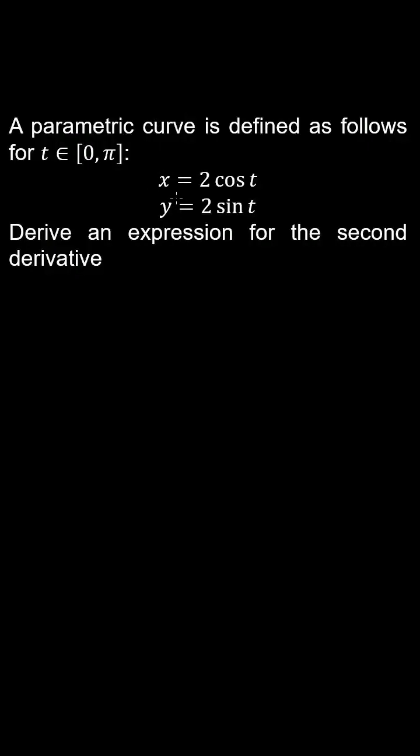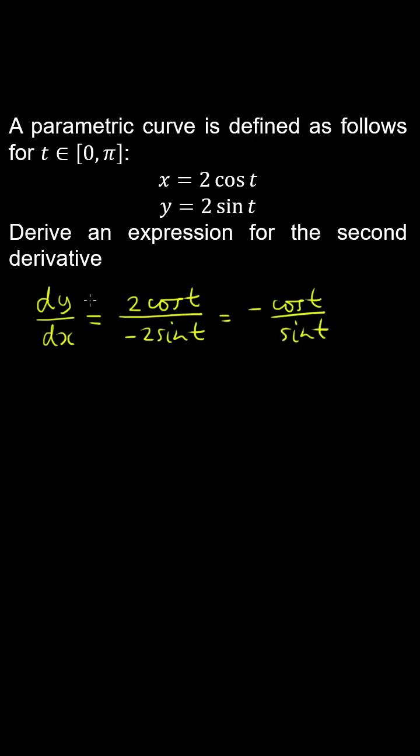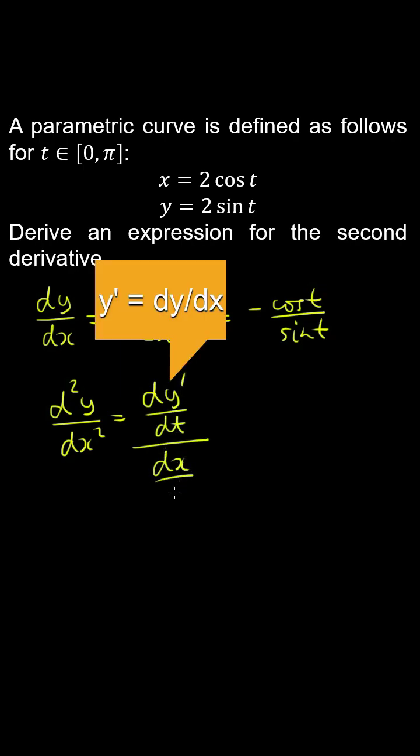Given these parametric equations, derive an expression for the second derivative. So recall that the first derivative dy/dx is equal to dy/dt on dx/dt. So that gives minus cosine t on sine t. And following a similar trend using the chain rule, the second derivative is dy dash/dt on dx/dt.